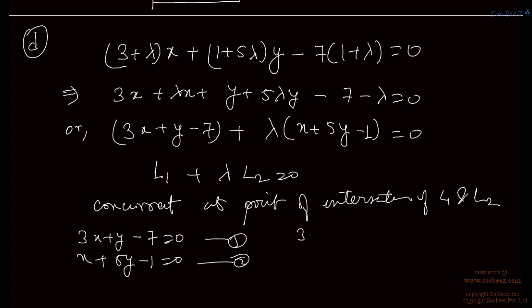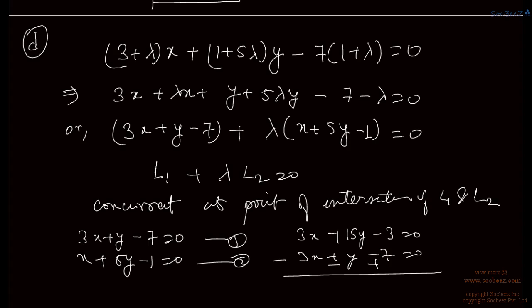Multiplying equation 2 by 3, we get 3x plus 15y minus 3 equal to 0, and subtracting equation 1, the 3x cancels. We get 14y and minus 3 plus 7 is 4.